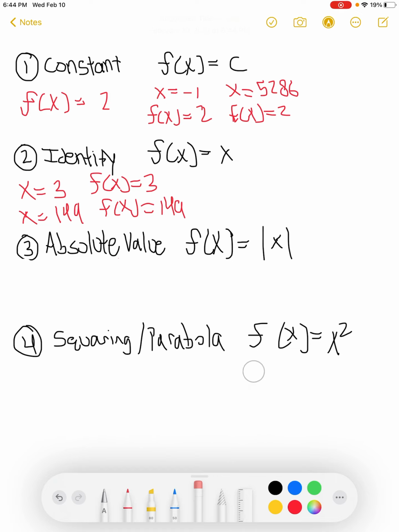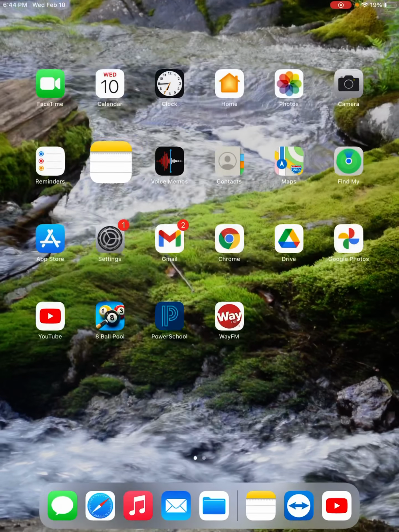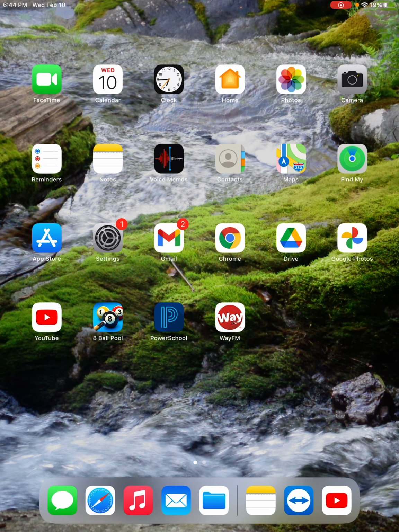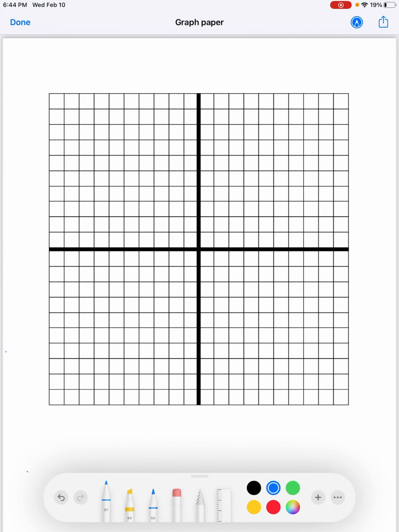And so all of the values are going to be positive for the y once again. So now we know we're not going to go below the y-axis this time, like with the absolute value one. So if 0 squared is 0, 1 squared is 1, negative 1 squared is also 1, 2 squared is 4, or wait, sorry.